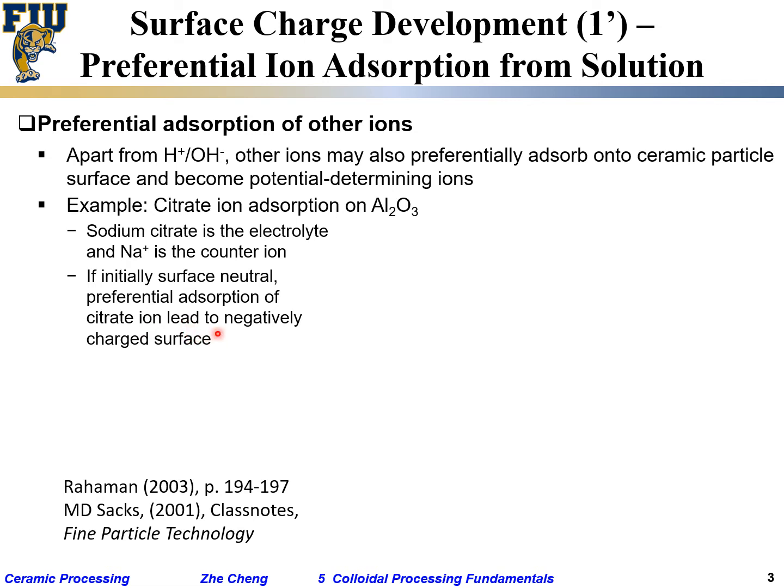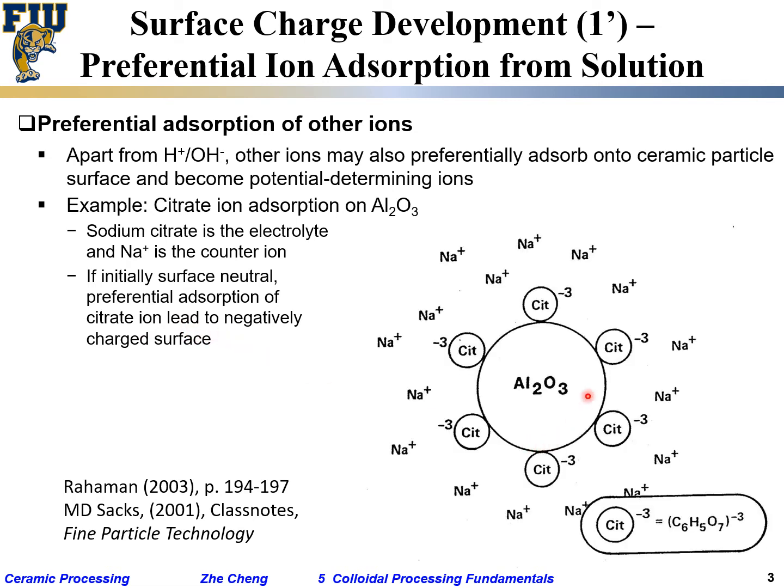It leads to a negatively charged surface. So aluminum oxide is initially neutral. We add sodium citrate into it, and this negatively charged citrate ion selectively attaches to the aluminum oxide surface. As a result, this particle becomes negatively charged, while the solution has slightly excess sodium ion in it. Okay?